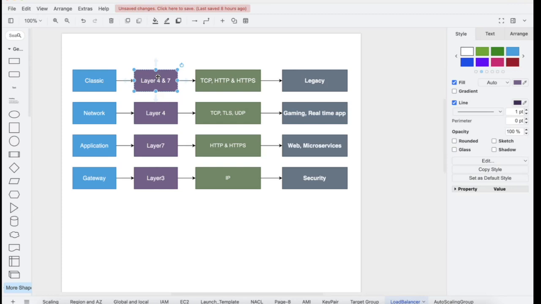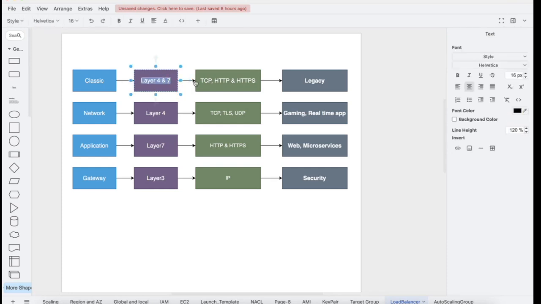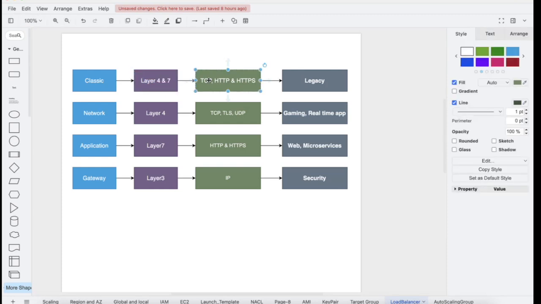In the OSI layers, layer 4 is the transport layer, right? And what is layer 7? Application, correct. So the classic load balancer works at layer 4 and 7.